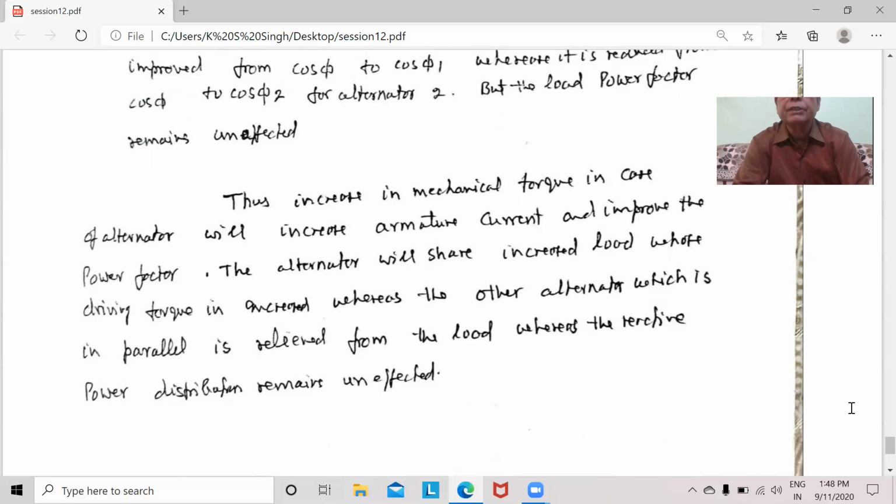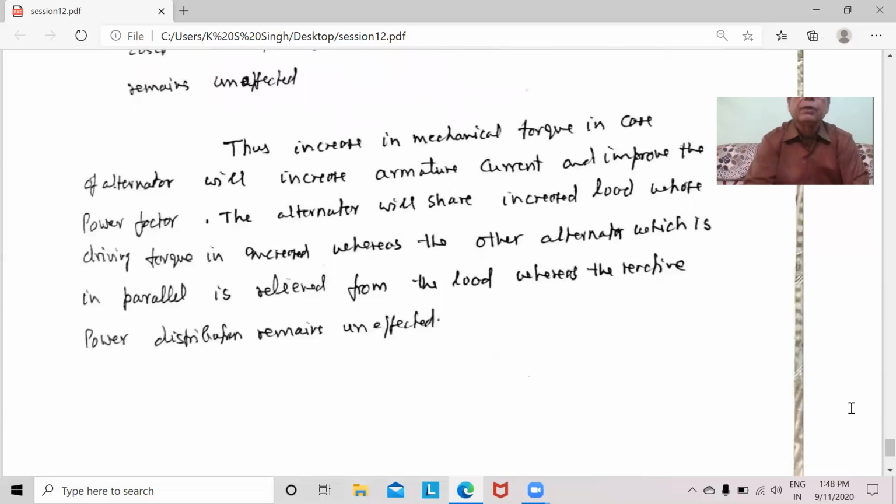The alternator whose driving torque is increased will share the increased load, whereas the other alternator in parallel is relieved from the load, while the reactive power distribution remains unaffected. In this way, both alternators will share the load in this case. Thank you.